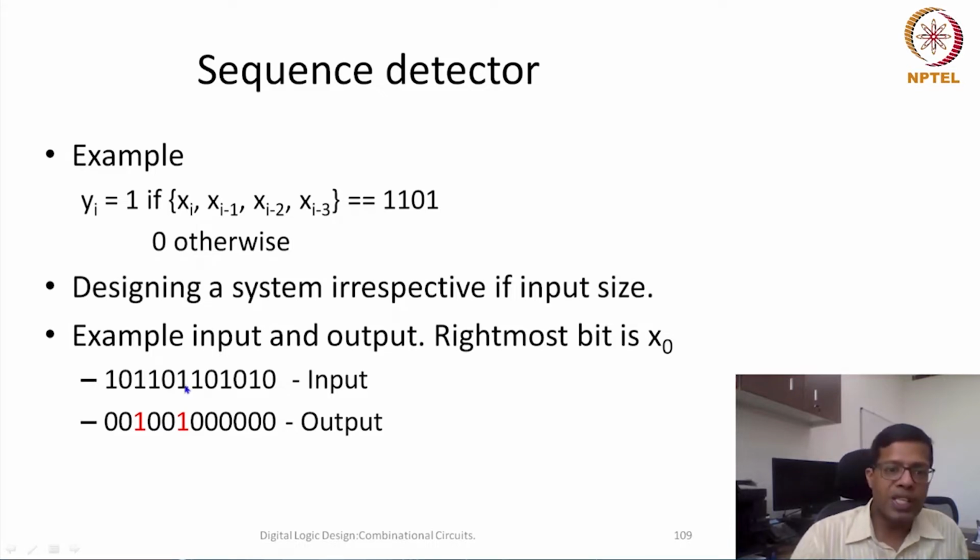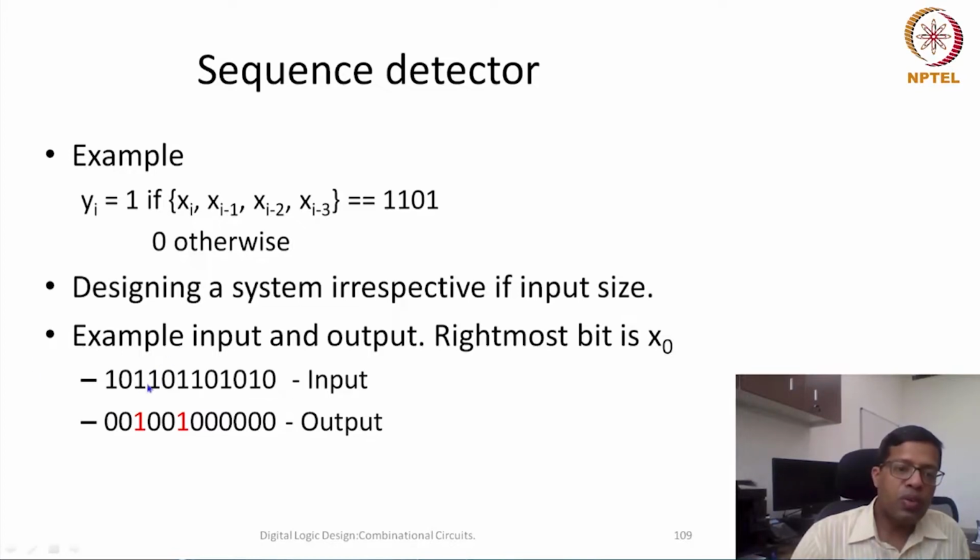But for y6 it is 1 1 0 1, so y6 is 1. y7 is again 0 because the pattern 0 1 1 0 does not match, and y8 is 1 0 1 1, so it's also not matching, so the output is 0.